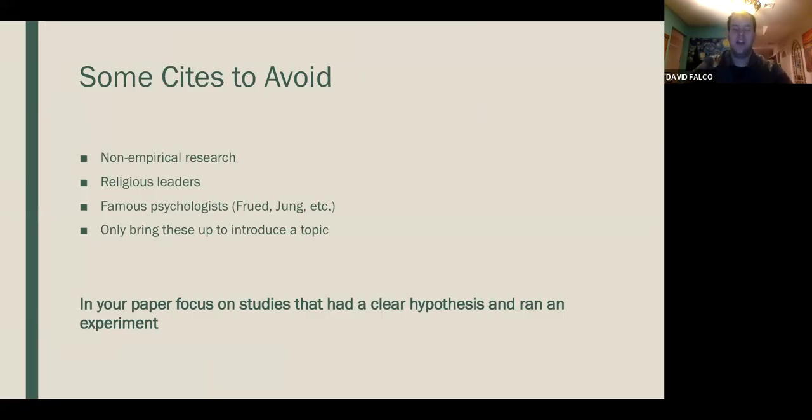All right, so this is based on some of the papers that I read last year while overviewing the essay contest, and some of the citations that I wasn't crazy about and would want to avoid. So definitely make sure that a lot of your paper is based on empirical research.